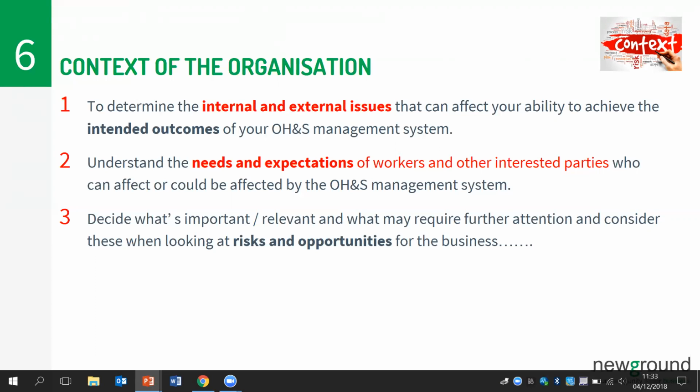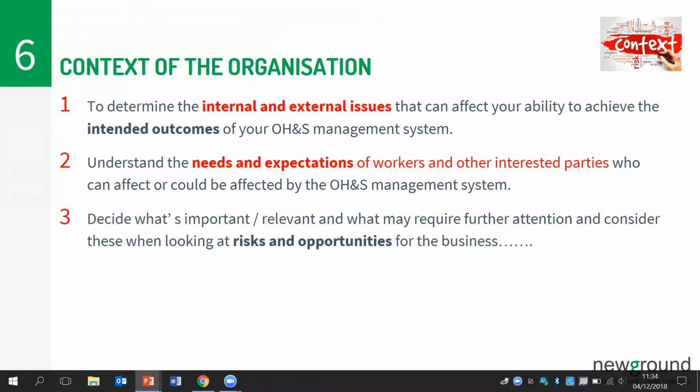Examples of external issues could be things like changes in legislation, new technologies, new knowledge about hazards, relationships with your external providers, or key drivers in your particular industry or sector in which you work.